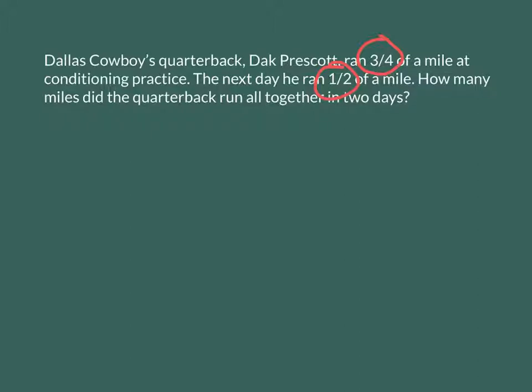Did you notice that you needed a common denominator to solve this problem? Our two fractions are 3/4 and 1/2. The denominators are 4 and 2, which aren't similar, but remember from the last problem how we can change one denominator to equal the other. I see here that 2 can be multiplied into 4.